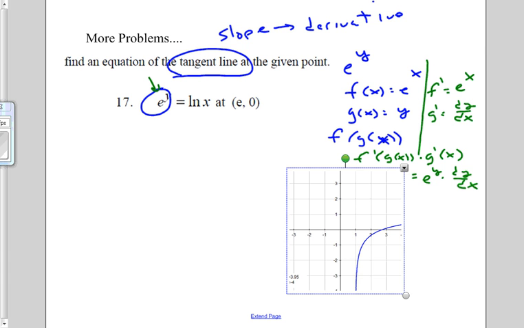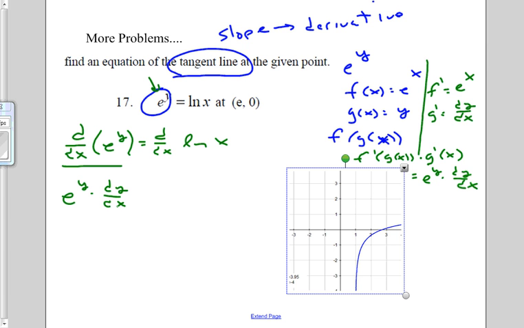So we need to take, I jumped ahead a little bit, we need to take the derivative of both sides. The derivative of e to the y and the derivative of ln x. We know, because I already found this over on the left, that that equals e to the y times dy dx. And the derivative of ln x, we know that's 1 over x.